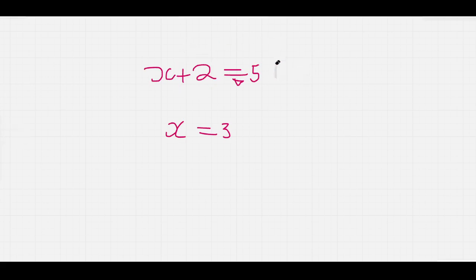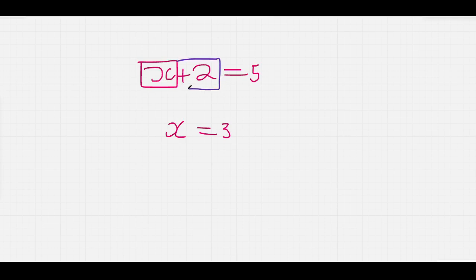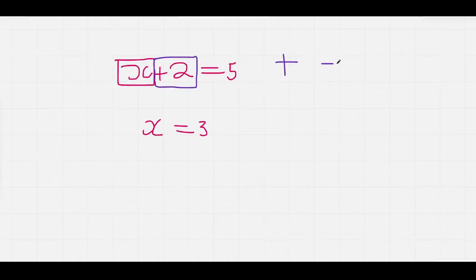So what I'm going to do is first, I'm going to ask myself, what operation is being applied to x? Because ultimately what I want is I want x to be by itself. So what operation is being applied to x here? Well, we are adding 2. So I want to get rid of plus 2. The inverse operation, the opposite operation of addition, is subtraction.